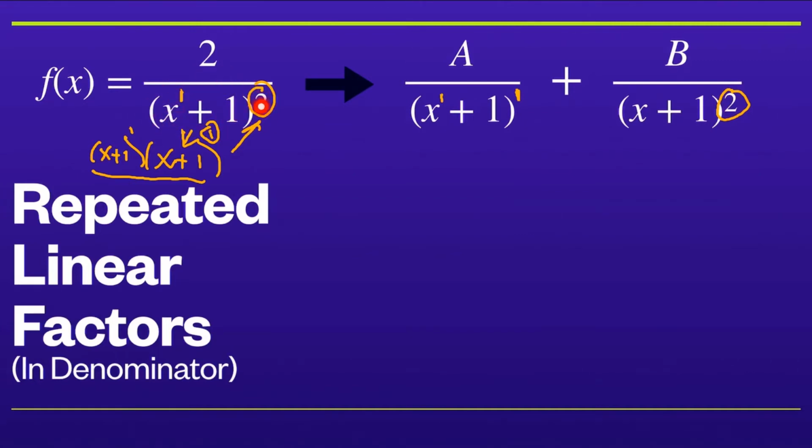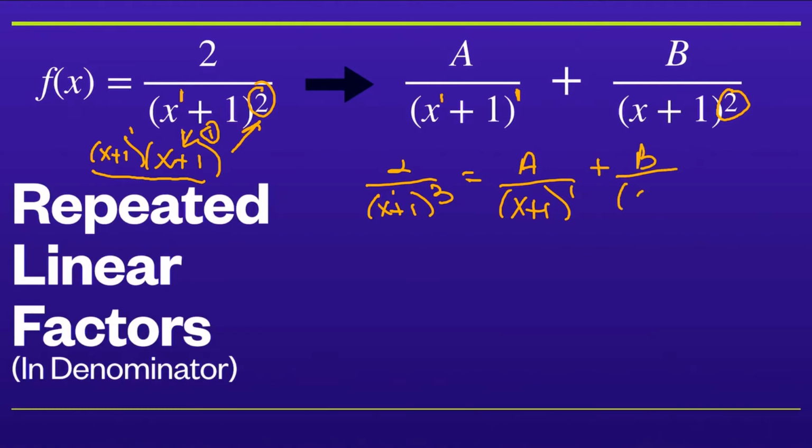And actually this power here tells you how many fractions you need to create for just that one factor. So this is a power of 2. This is saying that I need 2 fractions just for that one factor. And if we were going to decompose something like 2 over x plus 1 cubed, then again, this would be a linear factor. So in the numerator we would need an A, over x plus 1 to the first power, and then we would go to the next fraction.